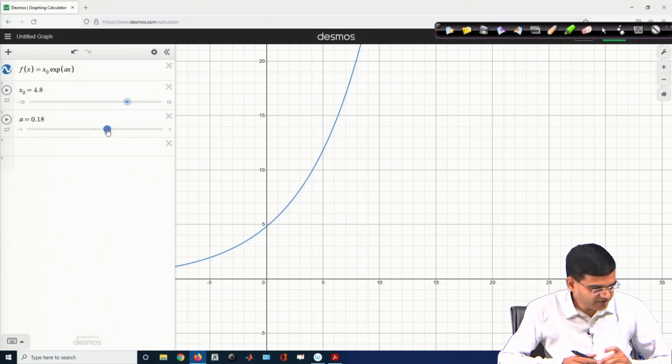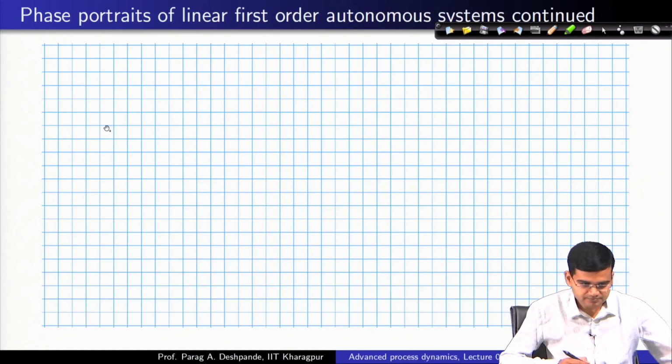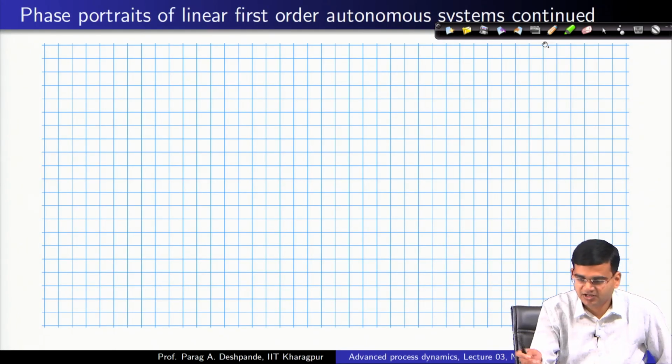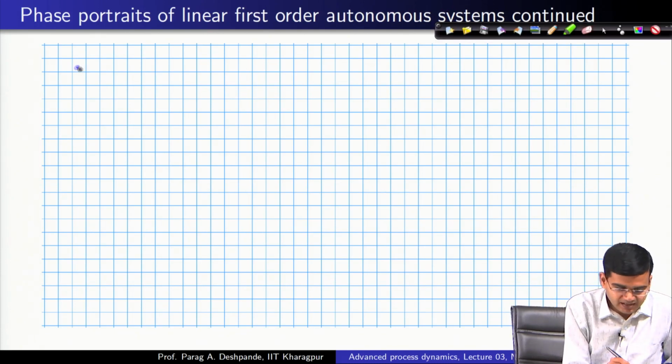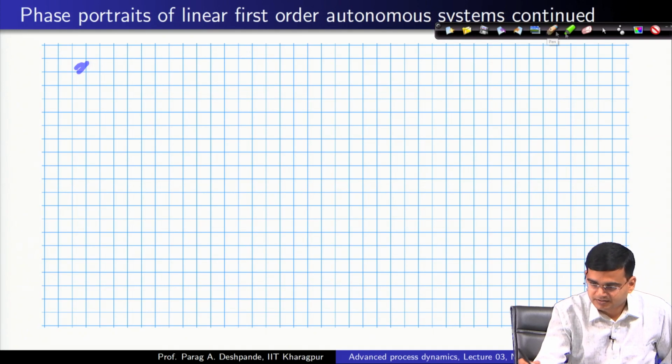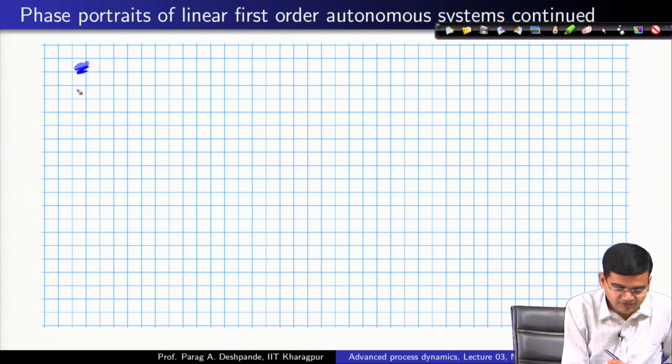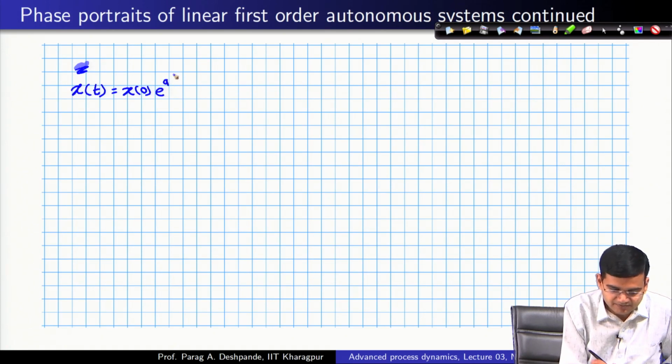So, now we see an interesting thing: we have x of t is equal to x of 0 e to the power a t.